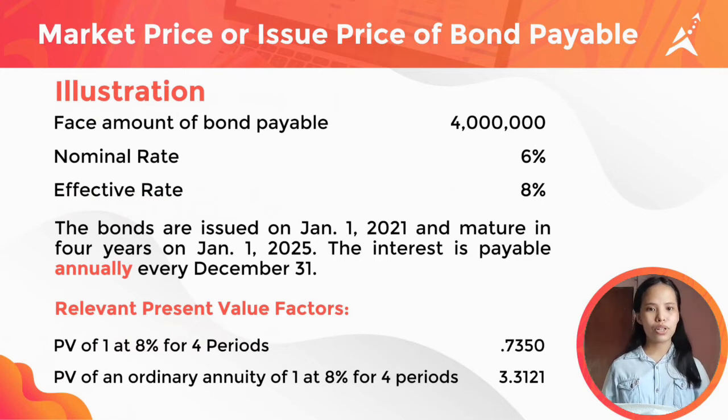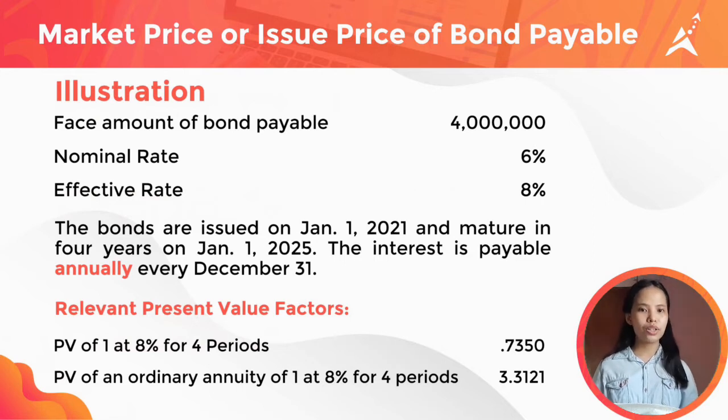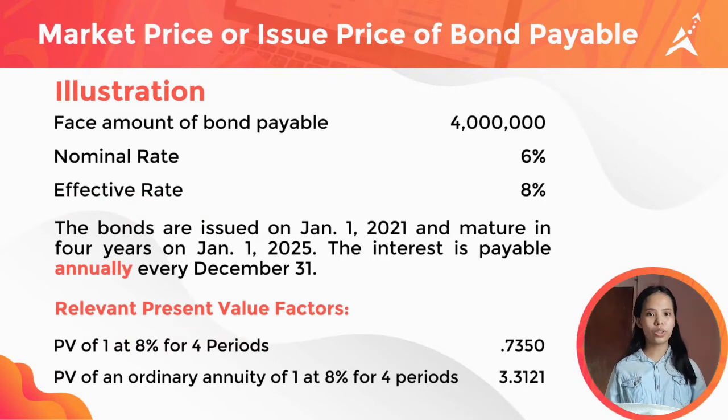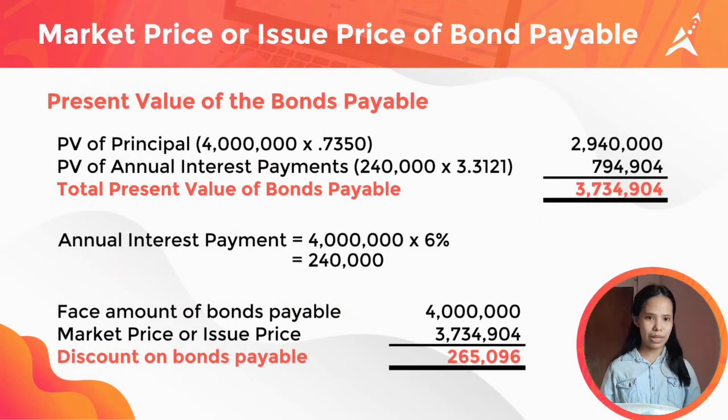The relevant present value factors are present value of 1 at 8% for 4 periods is 0.7350, and present value of an ordinary annuity of 1 at 8% for 4 periods is 3.3121. Now let's solve for the total present value of bonds payable. We need to find first the present value of principal and the present value of annual interest payments.